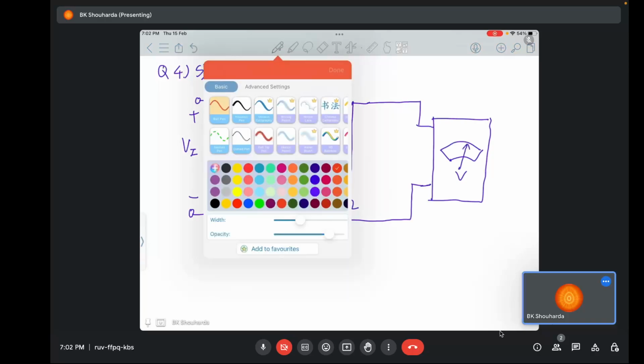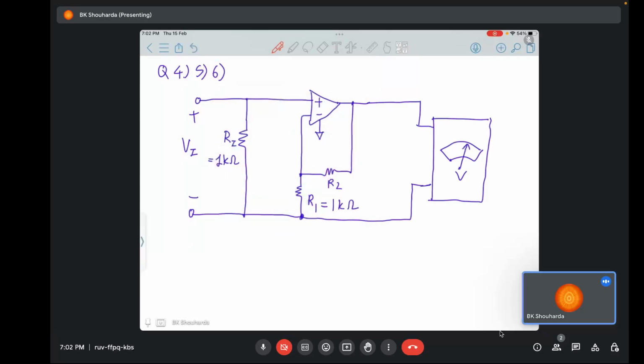First things first, what do we need to find and what is given to us? It's mentioned that an unknown current I flows into this circuit, and we need to measure this I via this voltmeter. Ri is given to us, R1 is given to us.